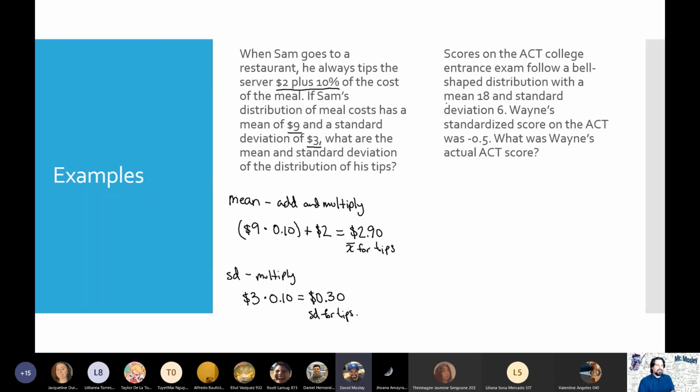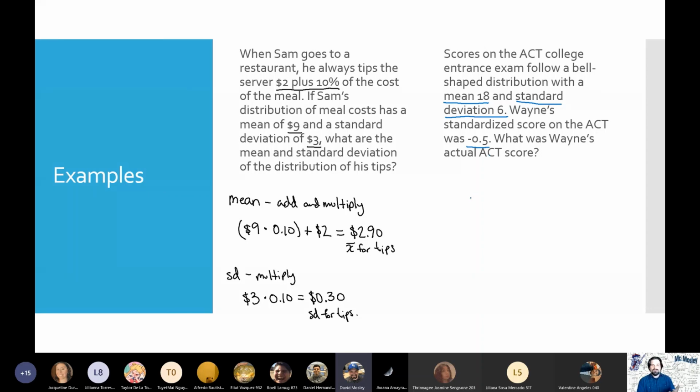So we know that we have a mean of 18. And then we have our standard deviation of 6. And our standardized score was negative 0.5, which means Wayne's score is smaller than the mean. Right? And it's half of a standard deviation smaller.